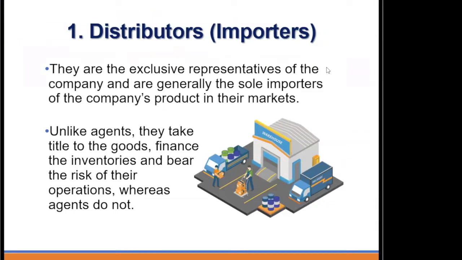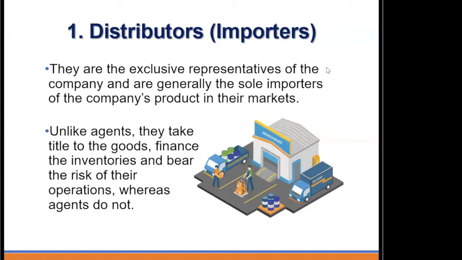So unlike the agents we talked about earlier in indirect export, these distributors in the foreign market would buy the goods from the manufacturer and take title to the goods. They will finance the inventories and bear every risk involved in the operations of receiving the goods and selling it in the foreign markets, right? Which we know from our previous discussion regarding the agents that they do not.